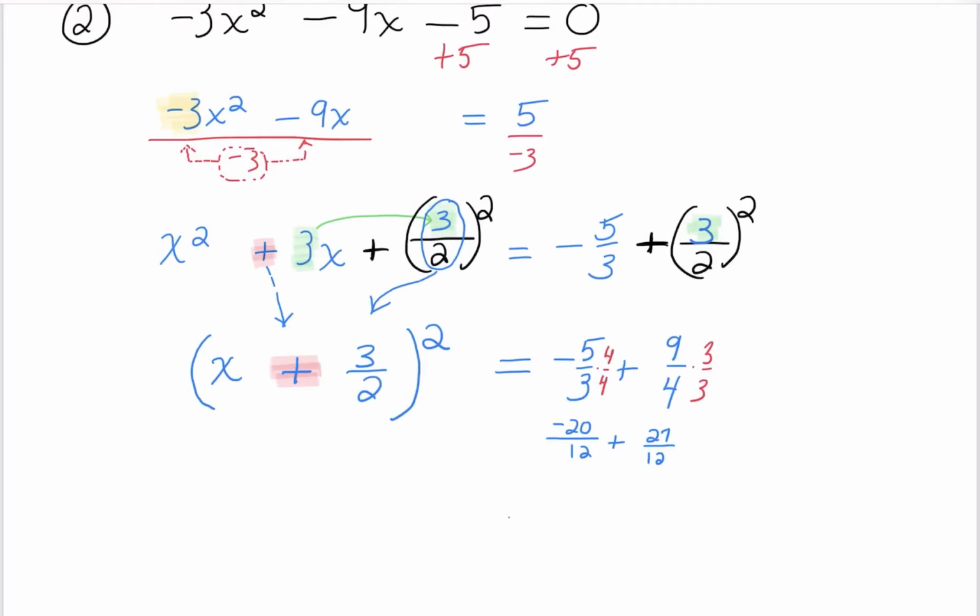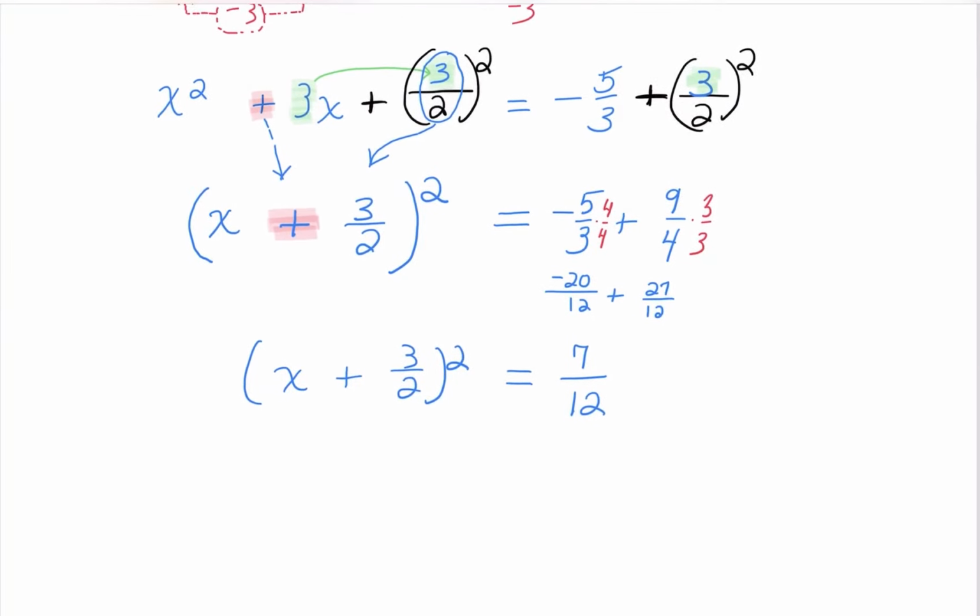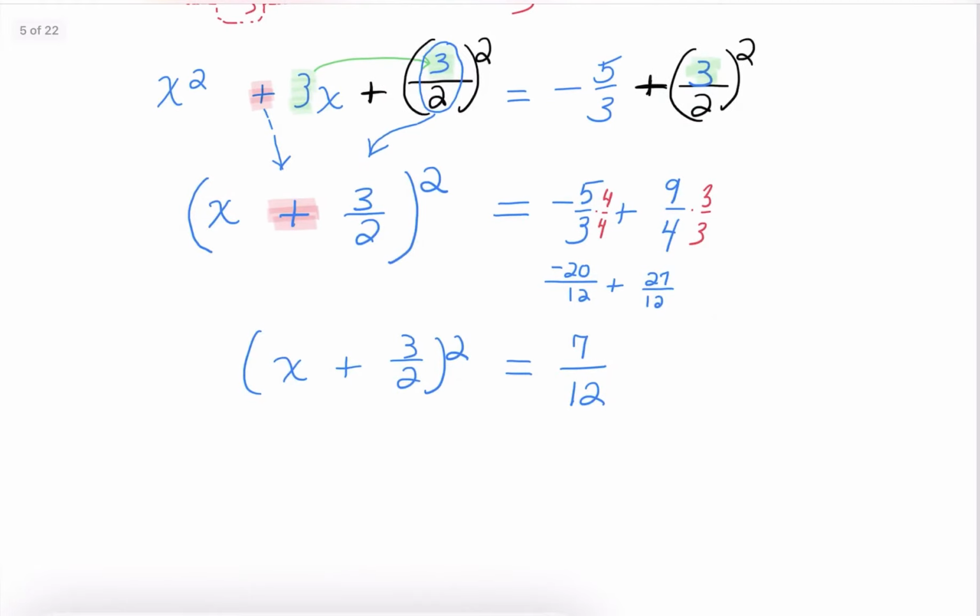Now that I have my common denominator, 27 minus 20 is just going to be 7/12. So I have my x plus 3/2 quantity squared equals 7/12. We go through all that work because now we have the x in just one location and we can apply the square root principle.